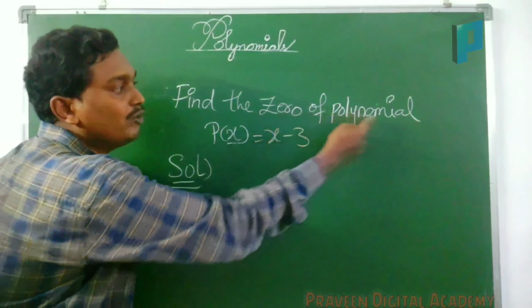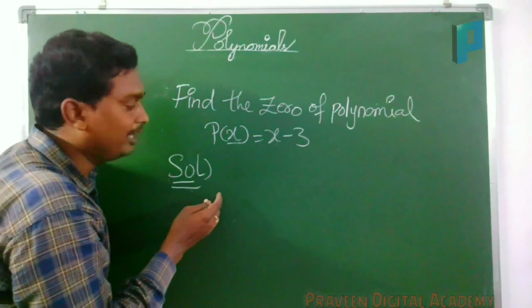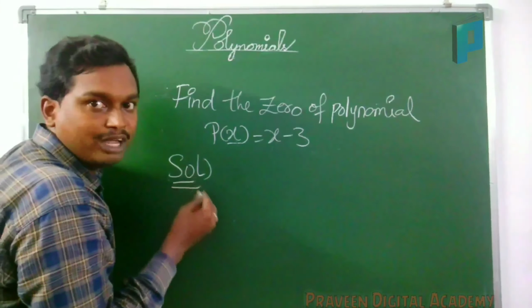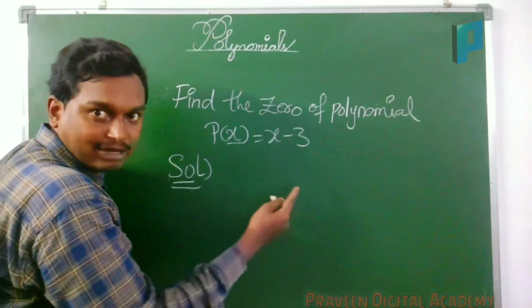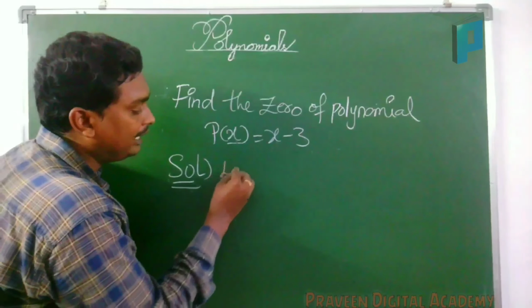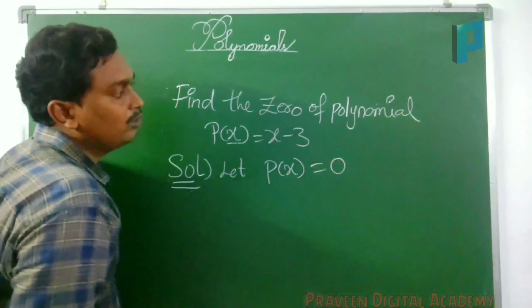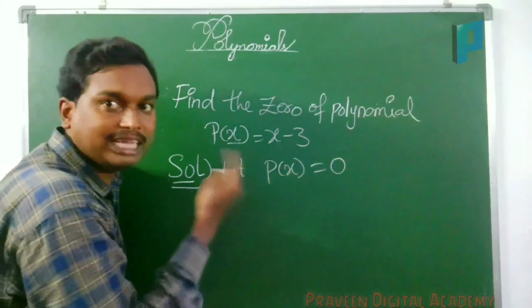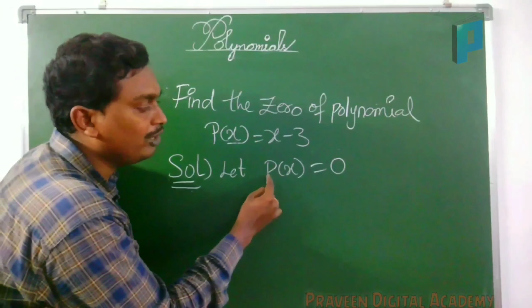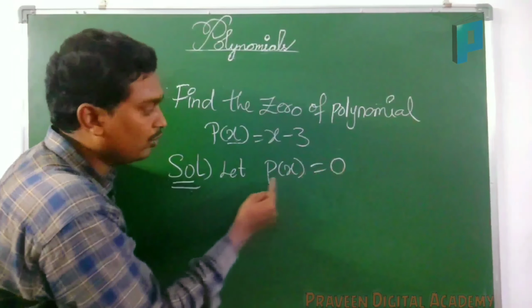Whenever they are asking to find the zero of a polynomial, at that time, we keep p of x is equal to 0. Let p of x is equal to 0. Why? Because they are asking for the zero of the polynomial. So we do p of x is equal to 0. What is p of x?